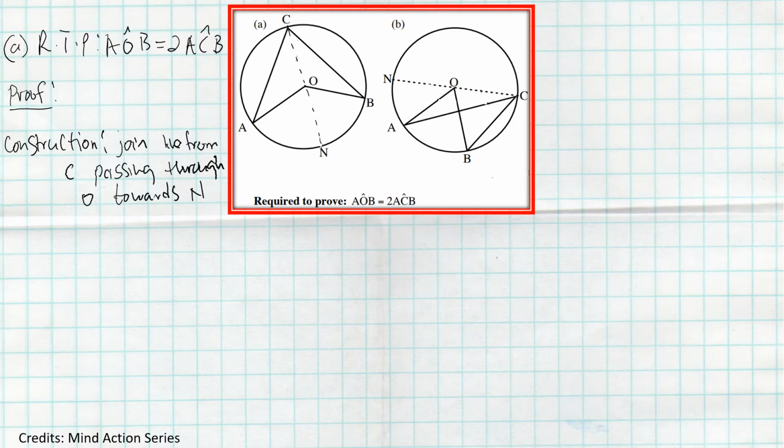Remember, from this construction, very, very key is that we are trying to bisect this angle here such that this angle is the same as what? As that angle. So after construction, we can just name those angles, right? So I can name this angle O1 and this angle what? O2. I can also name this angle C1 and this angle what? C2, right? So I can go and prove now. Okay, so let's go and prove.